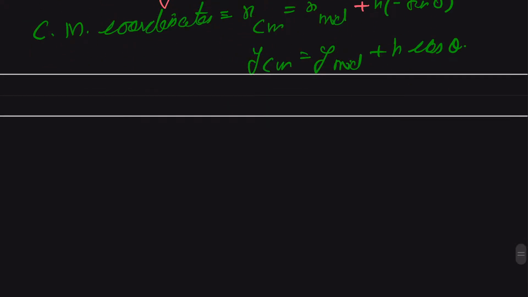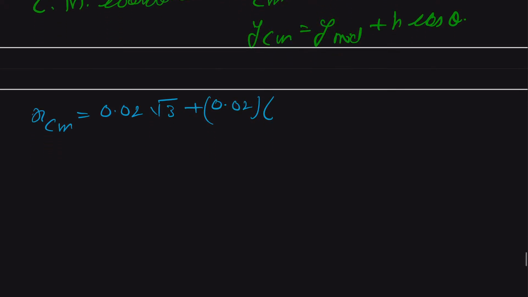So xcm will be equal to 0.02 square root of 3, plus h is our 0.02, and this is minus of theta, that is our minus 0.5, which is giving us 0.02.